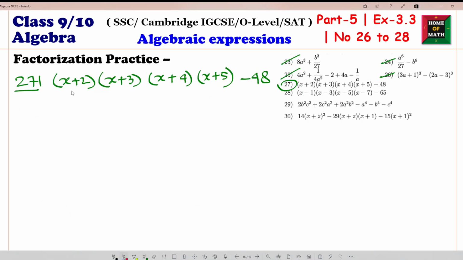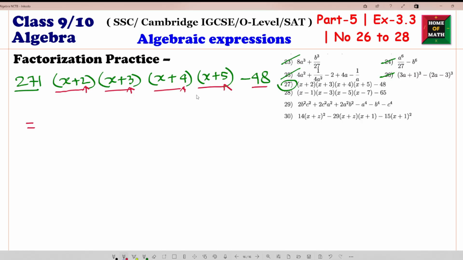Number 27, (x + 2)(x + 3)(x + 4)(x + 5) minus 48. So these kinds of expression we need to think more deeply. Look, here is 2, here is 3, here is 4, and here is 5.